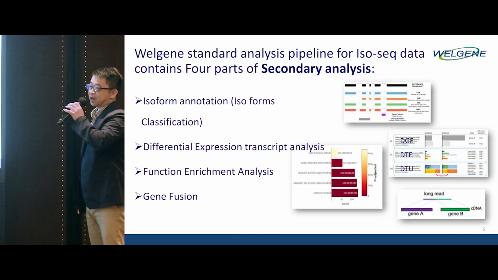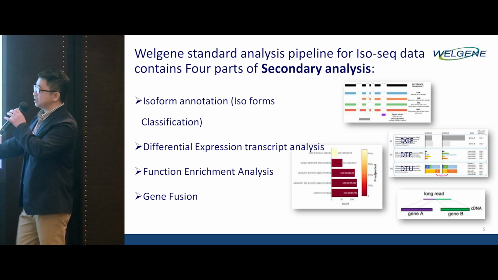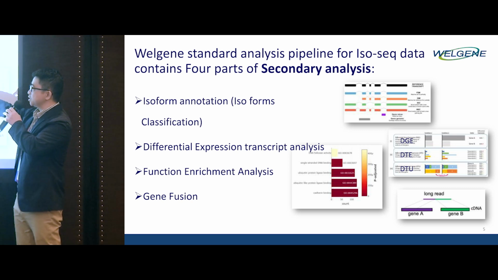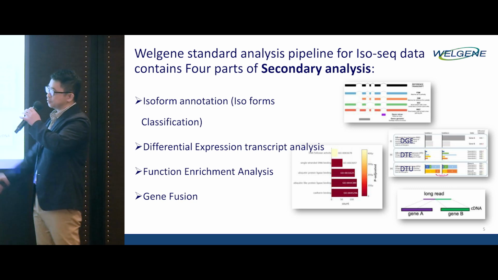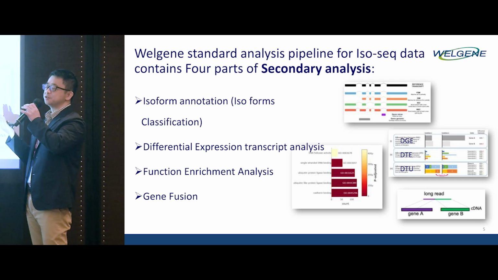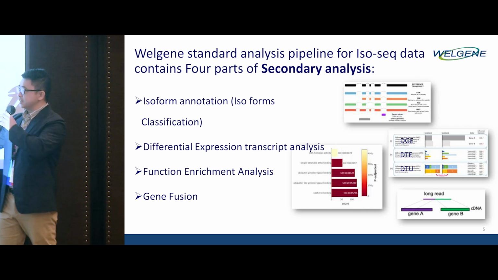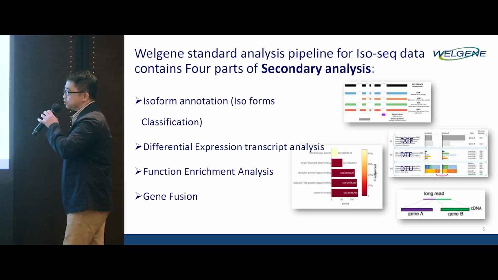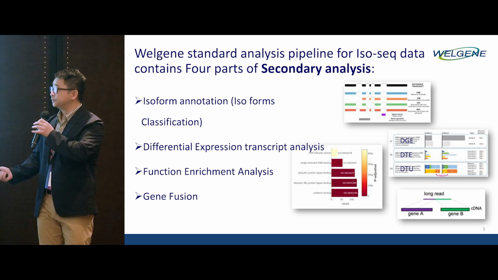The e-report contains 4 secondary analyses, including isoform classification, differential expression such as gene expression and transcript usage, and, based on databases such as GO and KEGG, functional enrichment gene lists. Gene function can also be found in this e-report.